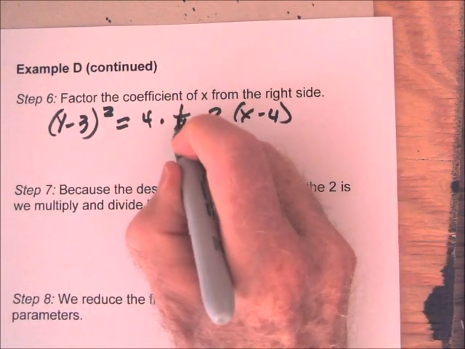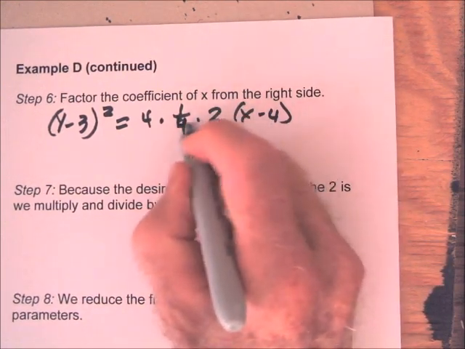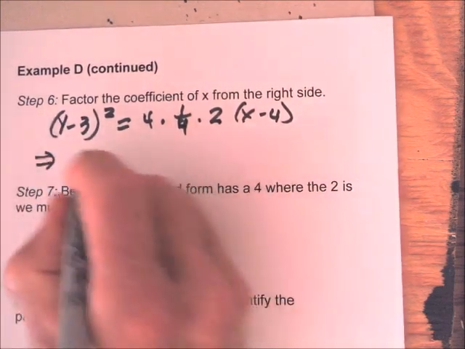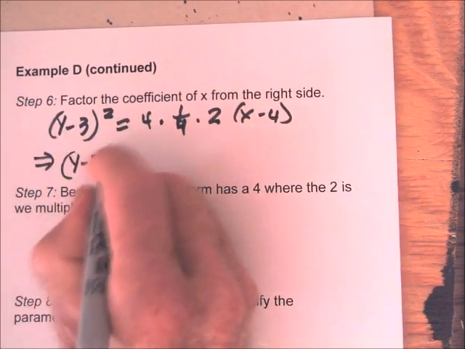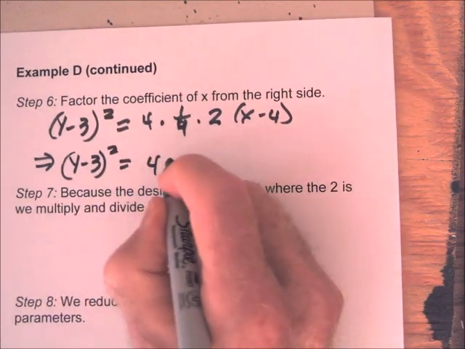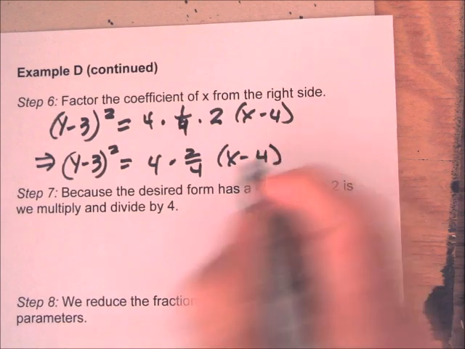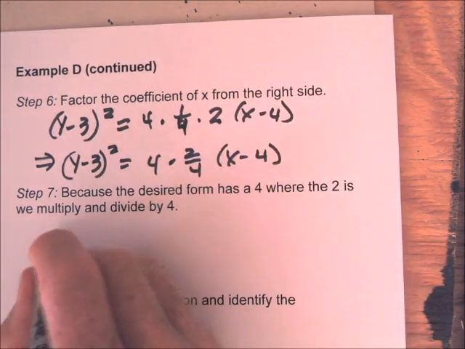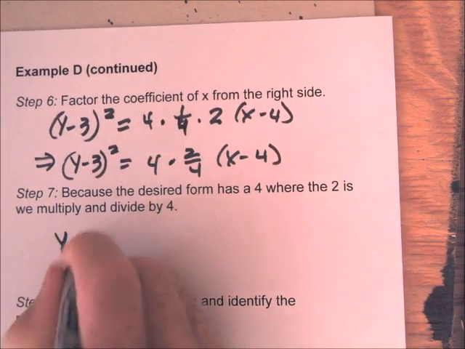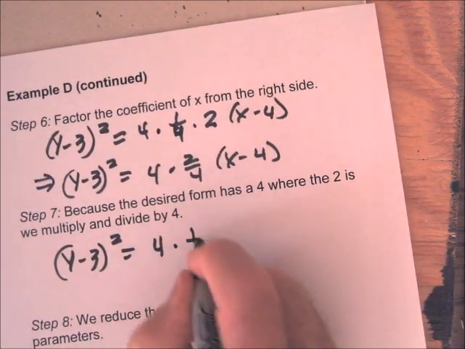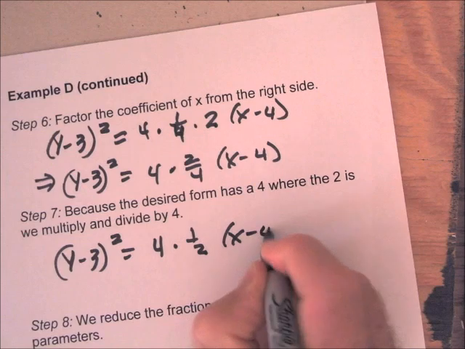Well, this part here is 2/4, which reduces to 1/2. So we'll have y minus 3 quantity squared equals 4 times 1/2 times x minus 4.